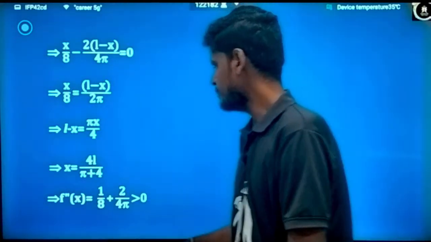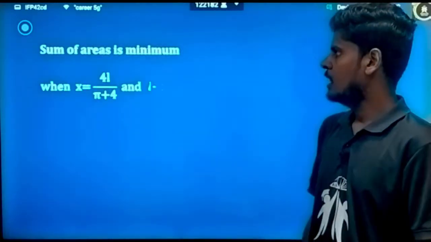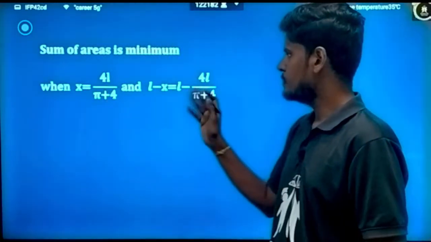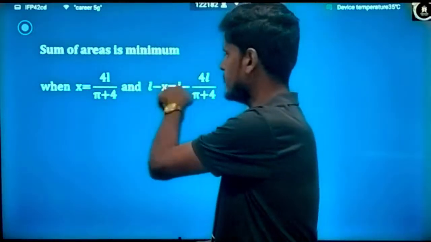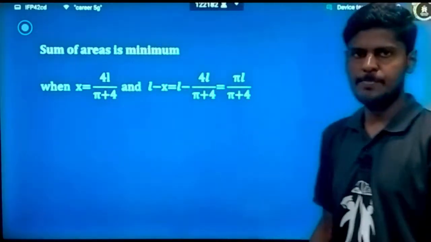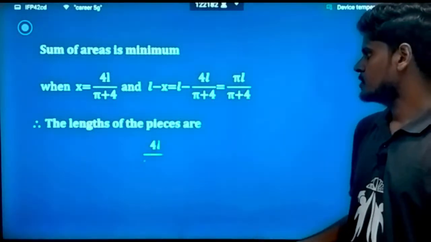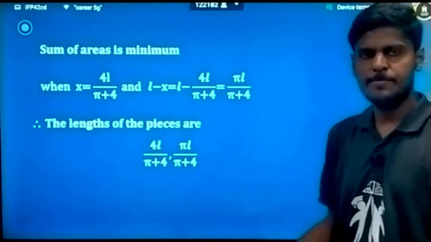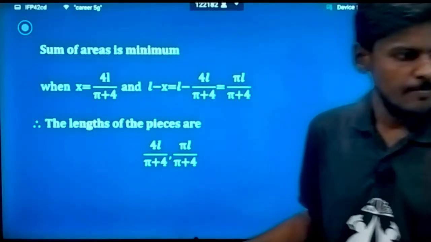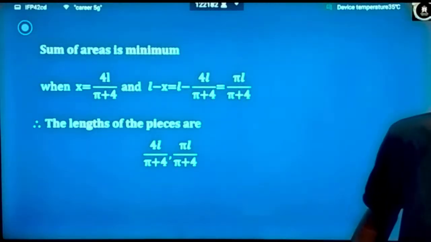And again, f double dash of X is greater than 0, meaning this value is a minimum, and the sum of areas is minimum. Find the lengths of the square as well as the circular region. That comes out to be 4L by (pi plus 4) and pi L by (pi plus 4). So the lengths of the pieces are 4L by (pi plus 4) and pi L by (pi plus 4).